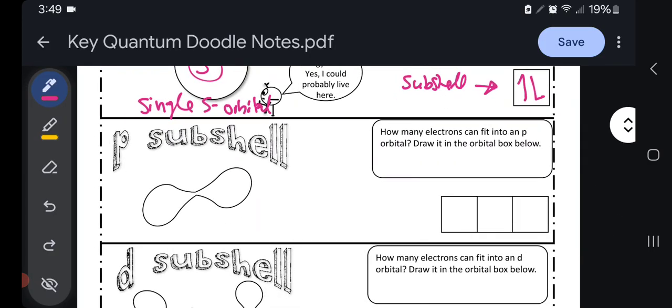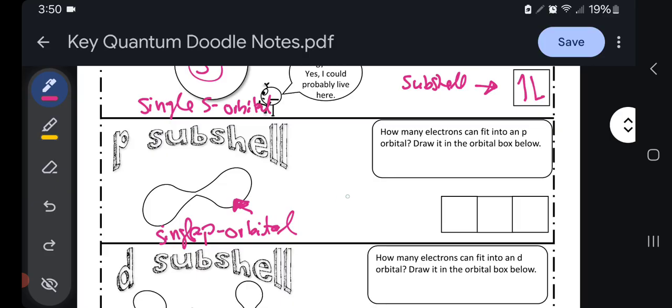Now your P subshell. This is if you have a single p orbital here. There are other options. This is just a single p orbital. Now, if you have a 3p orbital, it can hold many more electrons.